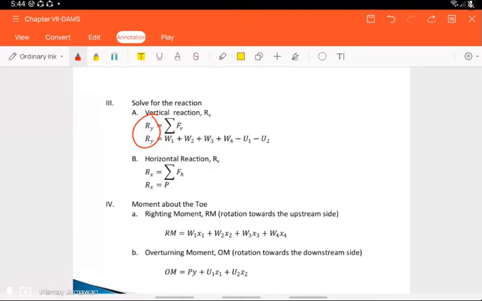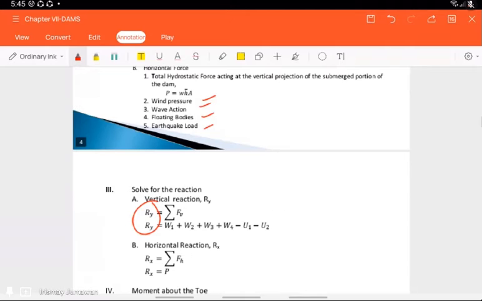The uplift pressure depends on your headwater or on your tailwater. Your soil pressure depends on the location of your Ry, your resultant. So you have to take note, because in the reviewers they neglect the uplift pressure.